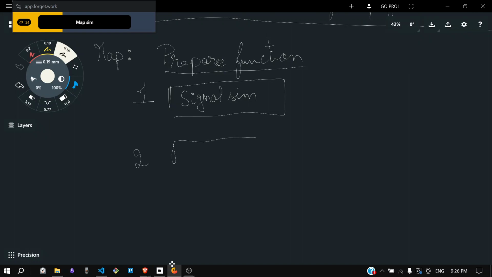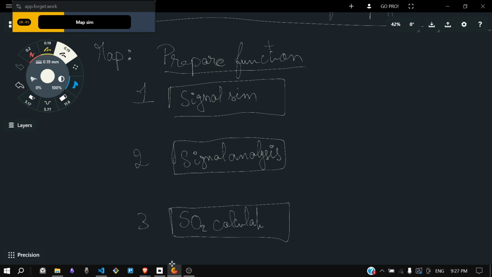Big two is signal analysis, and big three is SO2 calculation. And here we have BPM. So we extract the BPM from these.